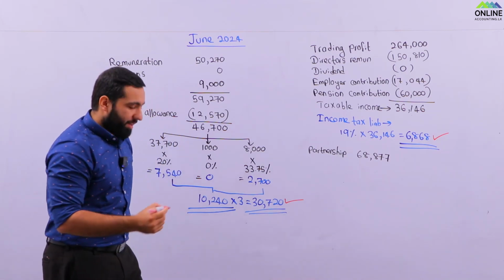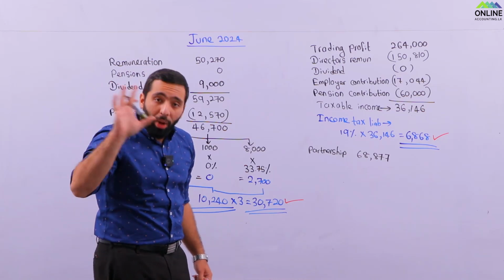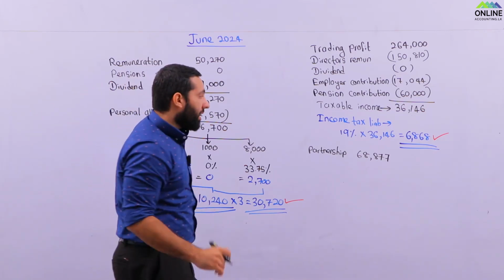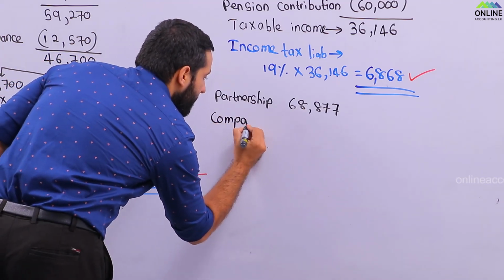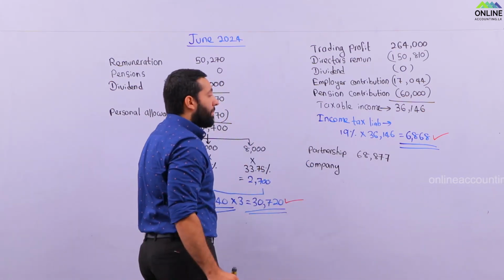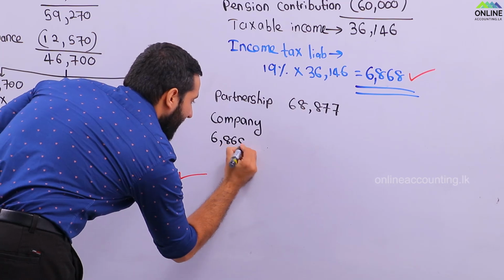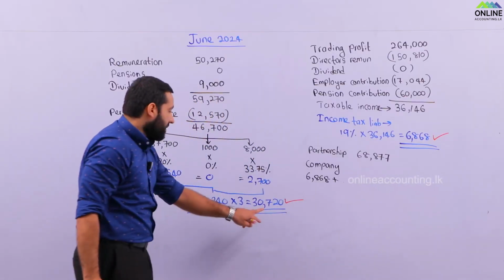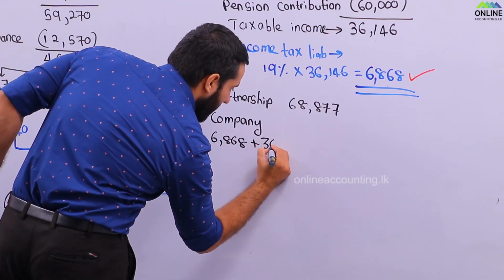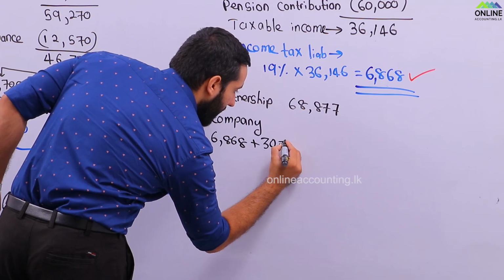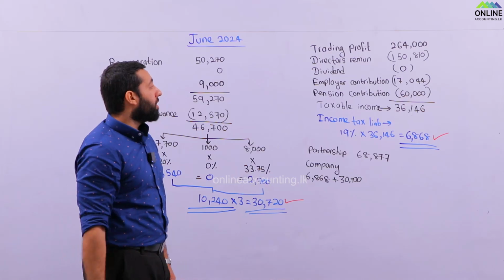So what else? Yes, so this is very important. And then the national insurance contribution related to employee and employer. So this is what they are asking. So the company will be paying this amount, 6868, plus this amount, 30,720. And then what else? Yes, the national insurance contribution, clearly given.